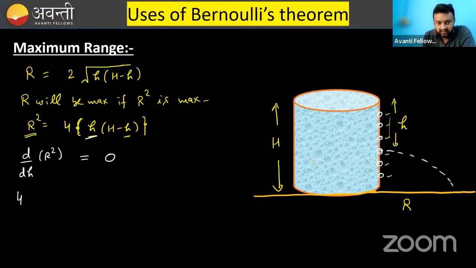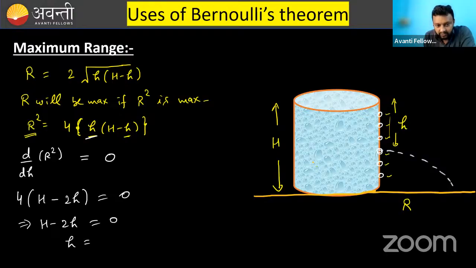The derivative of H into h is capital H, and of h square is 2h, equal to 0. So H minus 2h is equal to 0, so h is equal to H by 2.